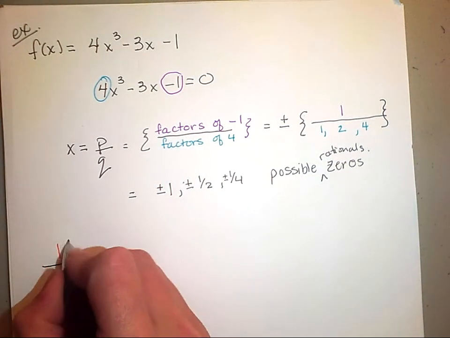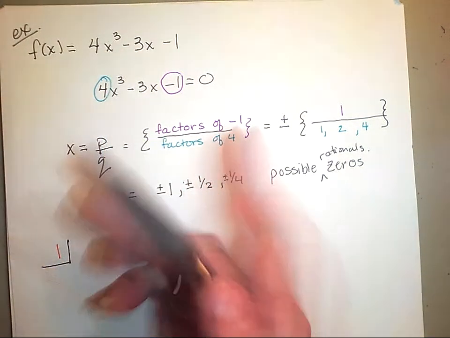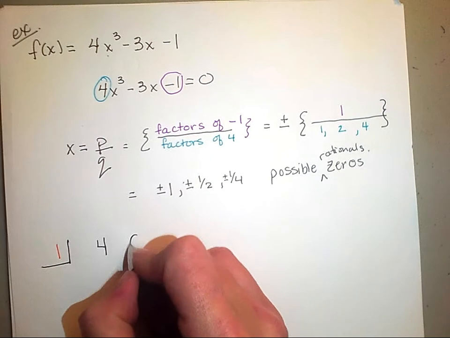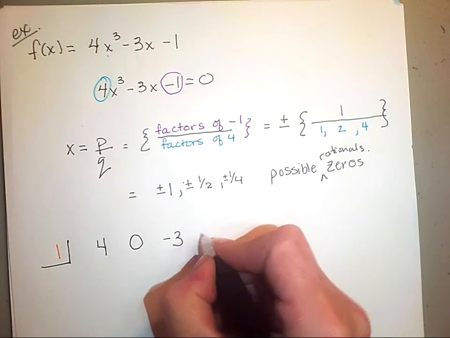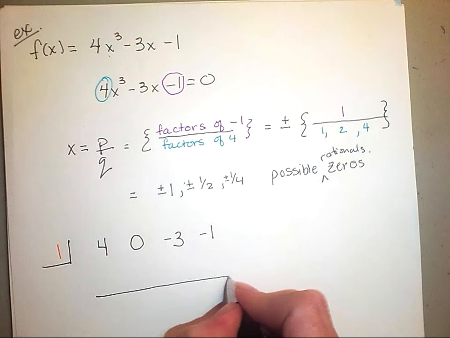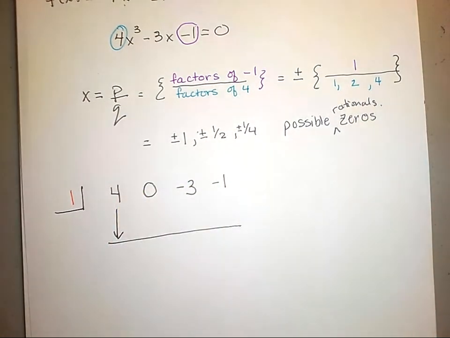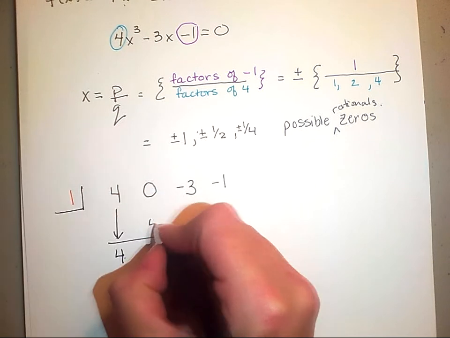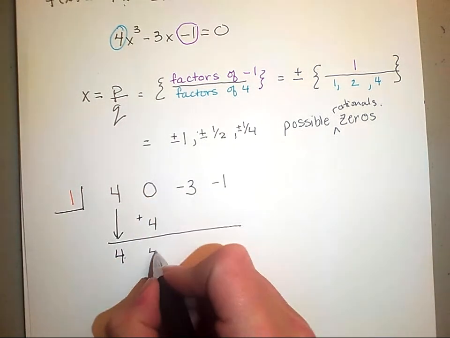Now remember, in synthetic division, we'll take the coefficients. So this is from the x cubed. There is no x squared term, so we have to put that 0 in. And then minus 3 and minus 1. Now let's do the synthetic division. 4 comes down. 4 times 1 is 4. Now we add 0 plus 4 is 4. 4 times 1 is 4.